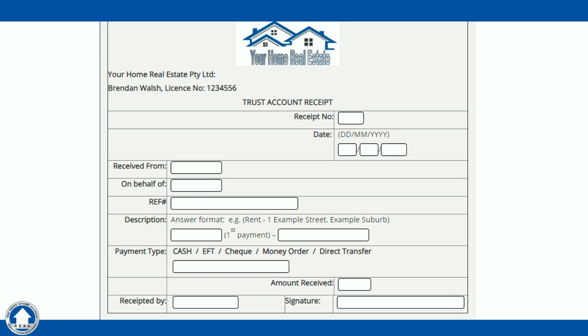Trust account receipts must contain certain information which is outlined in the Property and Stocks Agents Regulation 2014. So some of that information that's required is having the name of the licensee. So you can see that information is provided, and the fact that it's a trust account receipt.